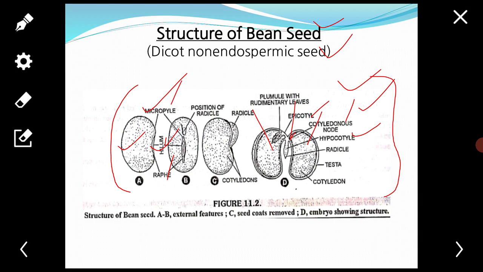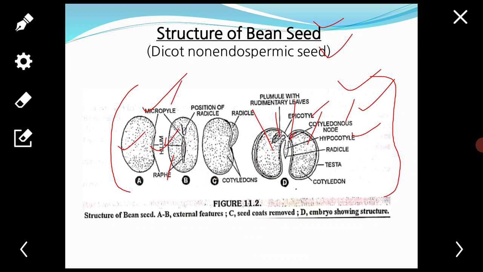It is called the radicle or the embryonic root. The other side of the embryonal axis lies in between the two cotyledons. It is called the plumule or the shoot tip. The shoot tip remains protected by two small folded leaves, as you see here.